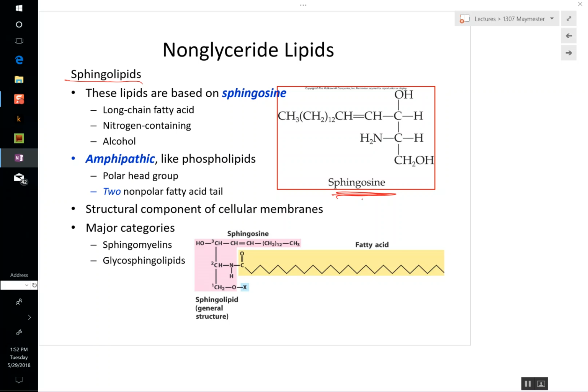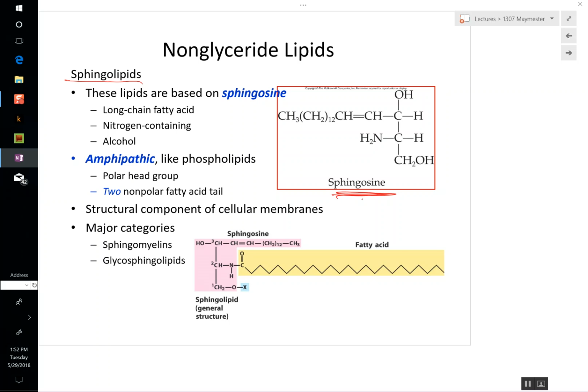All right, so instead of having glycerol, I want you to see sphingosine is not glycerol, but it is taking the place of glycerol in the sphingolipid.